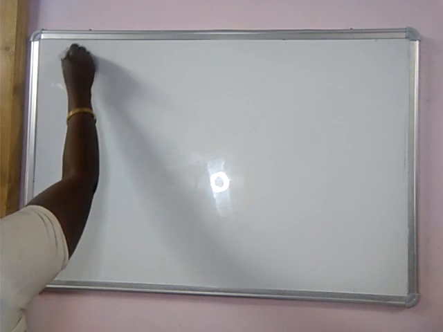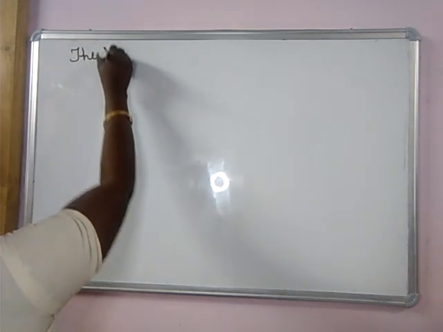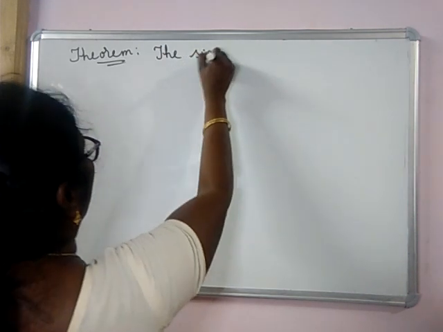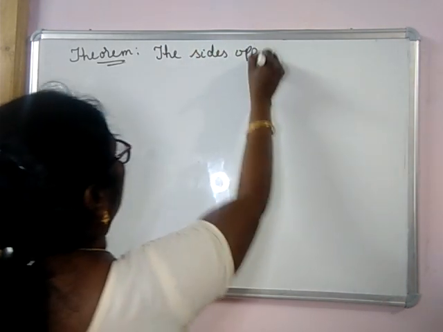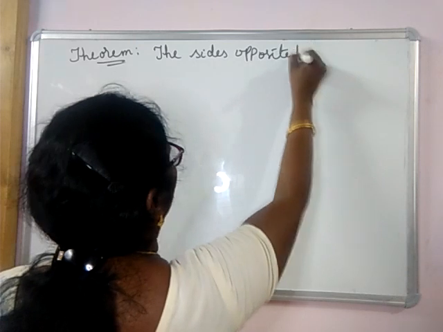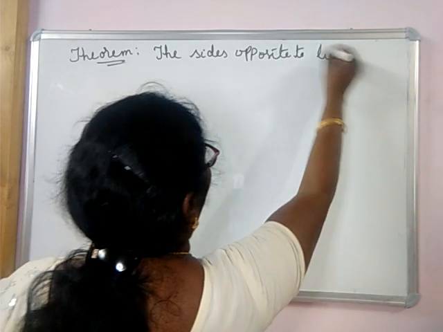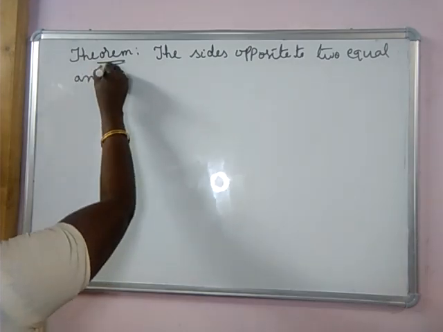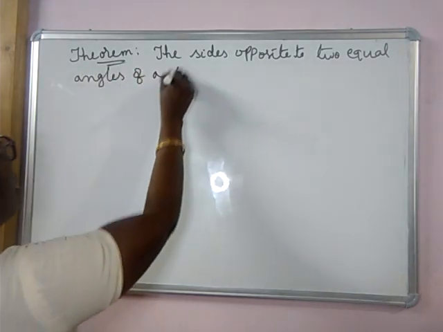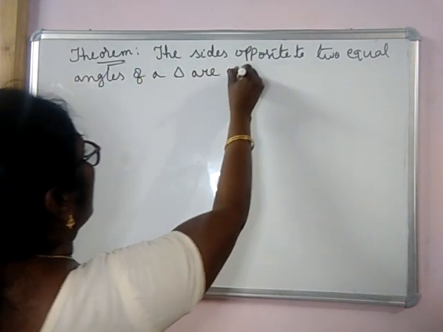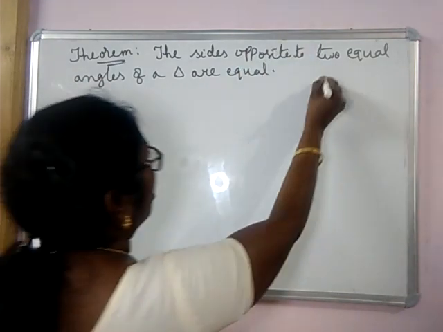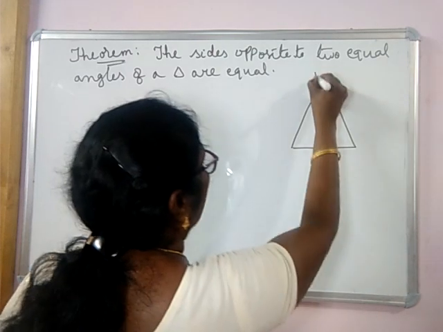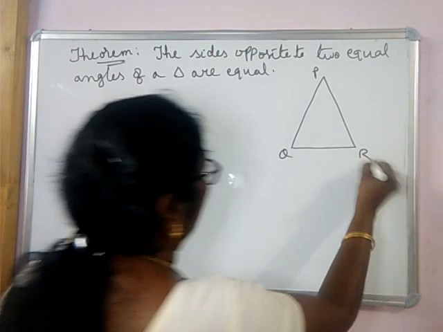the sides opposite to two equal angles of a triangle are equal. That means two angles are equal, that is given. Let me name this triangle as PQR.